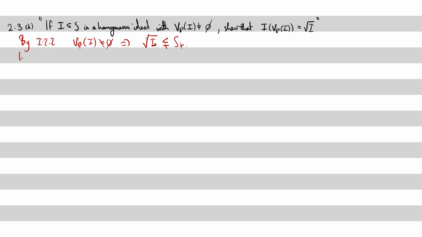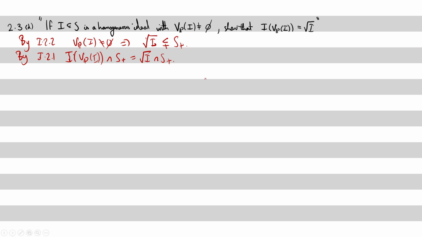Now, by I.2.1, the ideal generated by VP of I intersect S plus equals the ideal generated by I intersect, equals the radical of I intersect S plus.